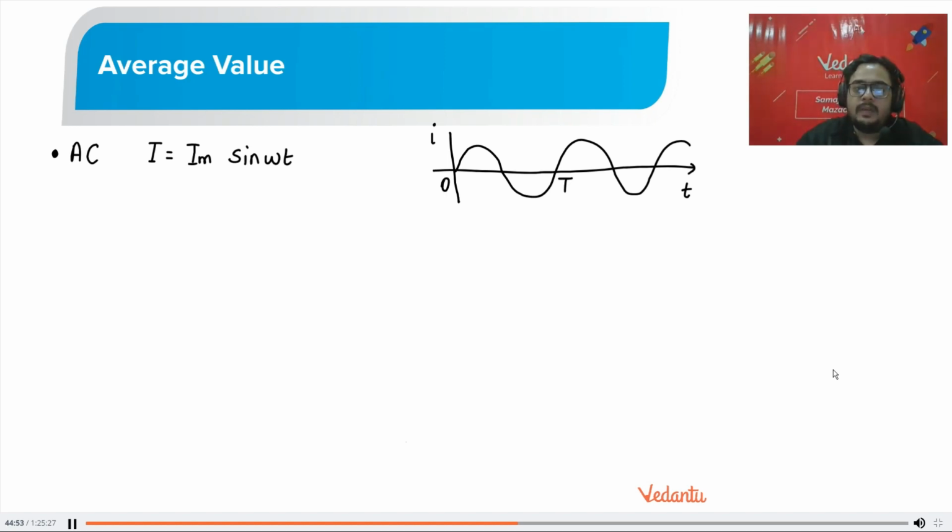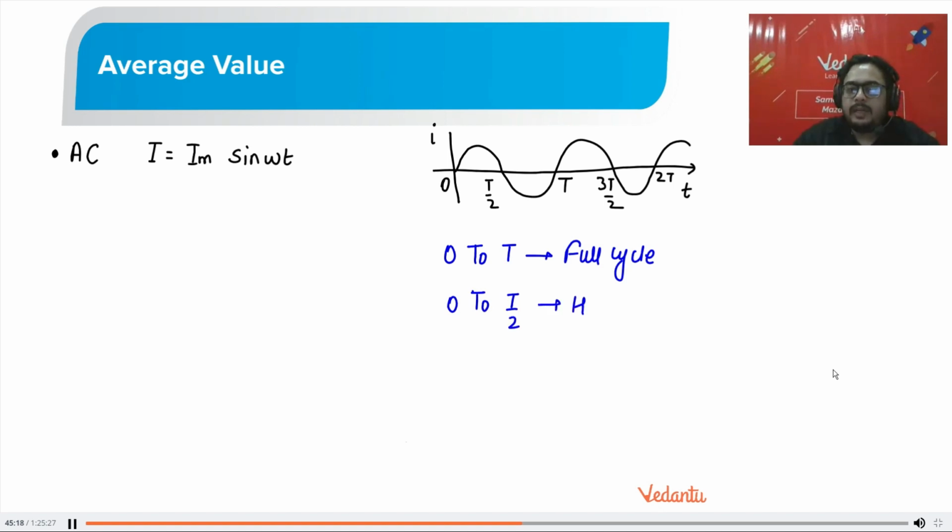If this is 0, then this is T, this is T by 2, this is 3T by 2, this is 2T and so on. So this whole cycle from 0 to T is called the full cycle of current, and 0 to T by 2 is called the half cycle of current.